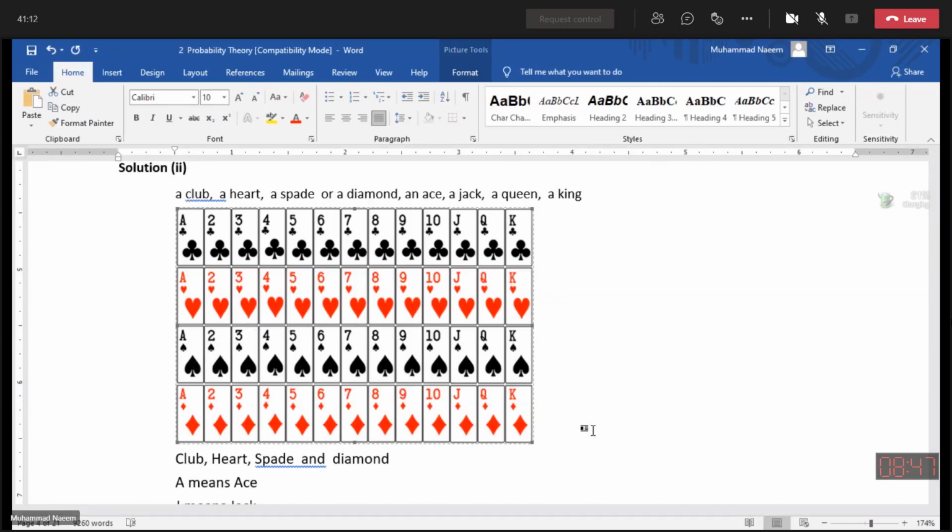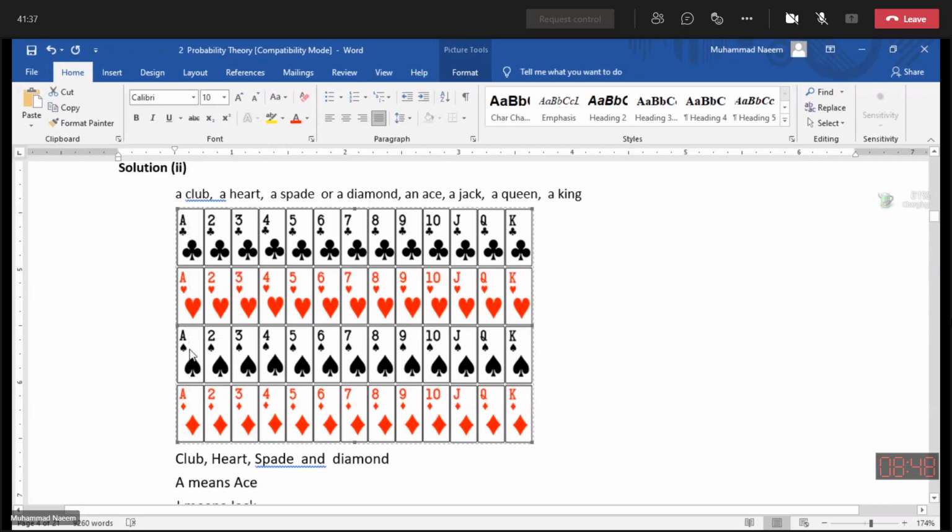Each category having 13 cards. So first column showing, remember, first column showing ace. Ace, not a card of one.